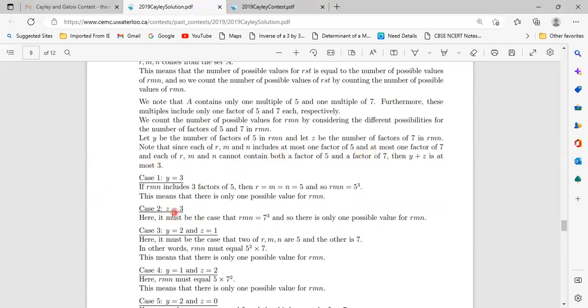Okay, let's go to the cases. So when y is 3, if rmn includes three factors of 5, r, m, n, all of them are equal to 5. rmn is equal to 5 raised to the power 3. Do you understand this part? How will you have 5 in m and n?